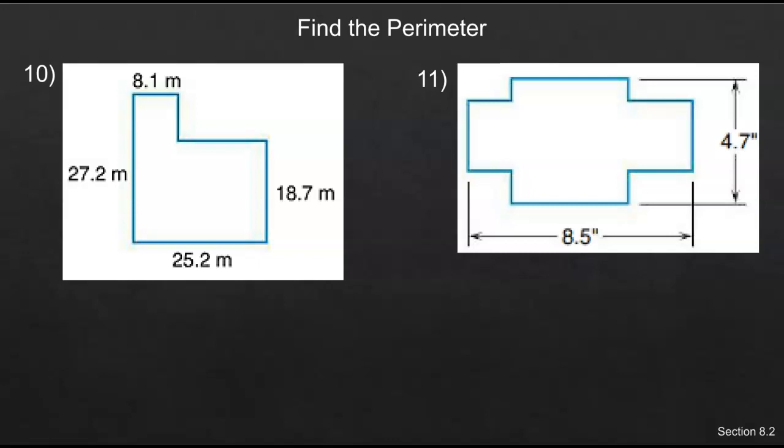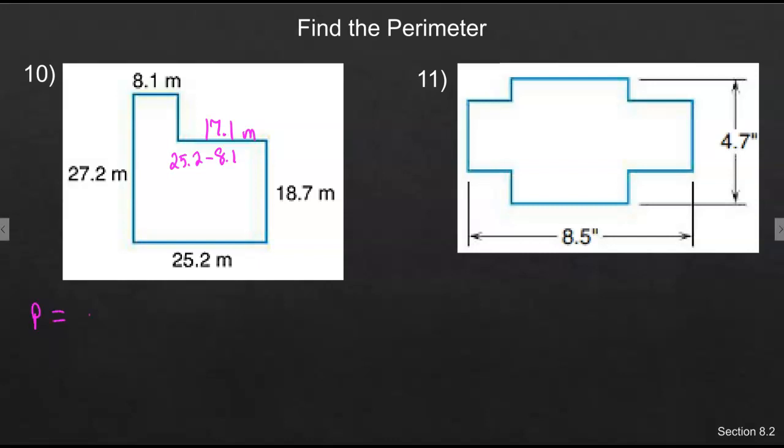Now, there's different ways to go about this, but on the first one, we just need to know, what is this part right here? We can find that by taking 25.2 and subtracting 8.1. So that would be 17.1 meters, and then we would just add them all up for the perimeter.